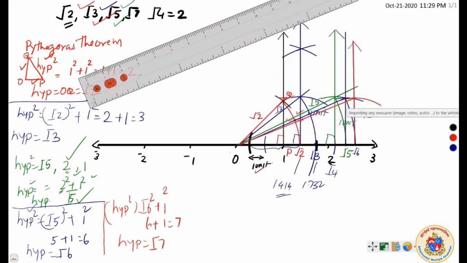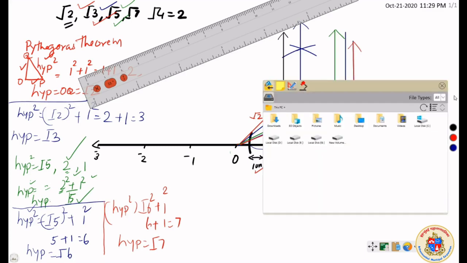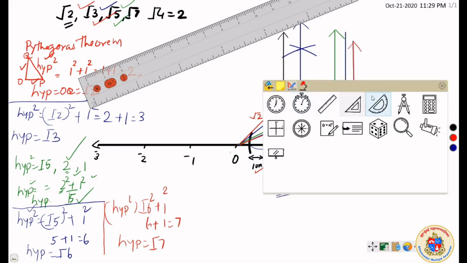Then bring the compass like before, take this expansion exactly.